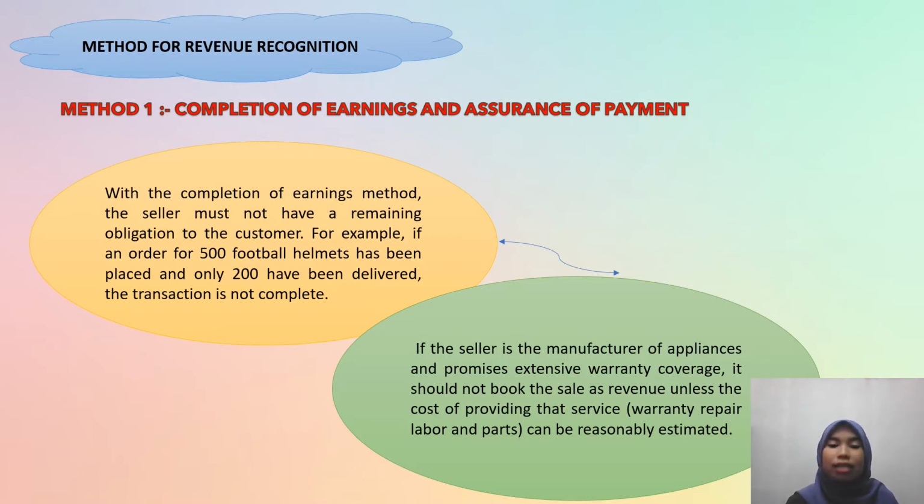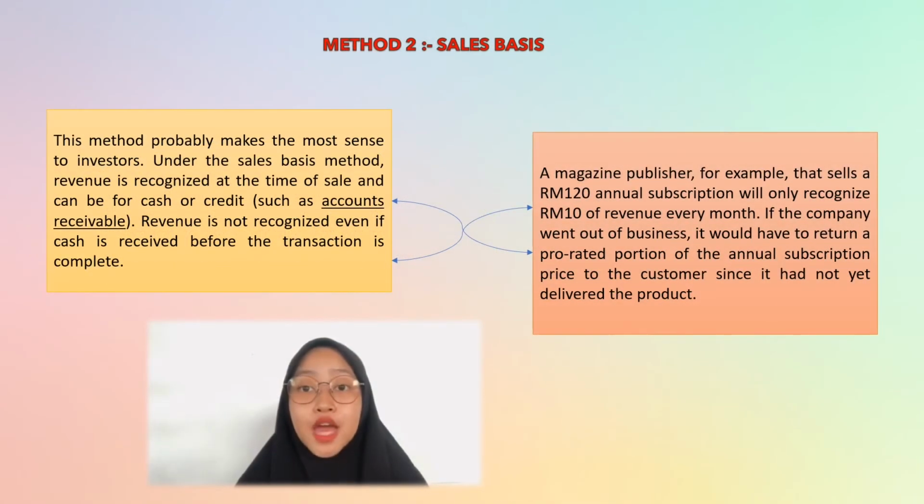If the seller is a manufacturer of appliances and promises extensive warranty coverage, it should not book the sale as revenue unless the cost of providing the service, which is warranty, repair, labor and parts, can be reasonably estimated.